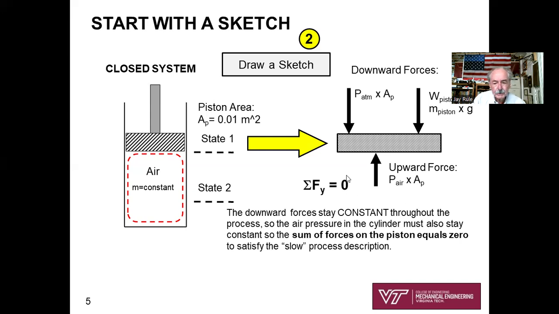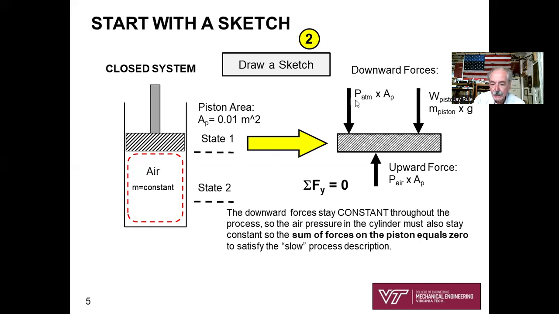But I also drew another sketch, didn't I? I've got to determine what the pressure of the air is in here in order to get to the work for this quasi-equilibrium process. So I drew another sketch, a free body diagram of the piston. I studied it and read the problem.